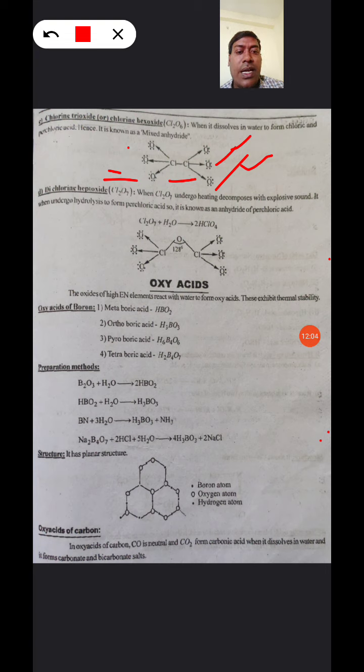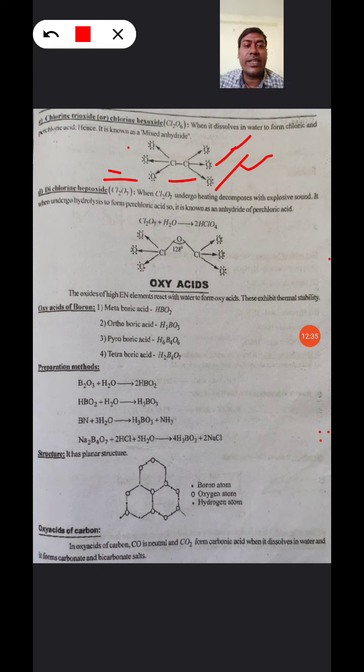When it undergoes hydrolysis, it forms perchloric acid. So that's why dichlorine heptoxide is an anhydride of perchloric acid.